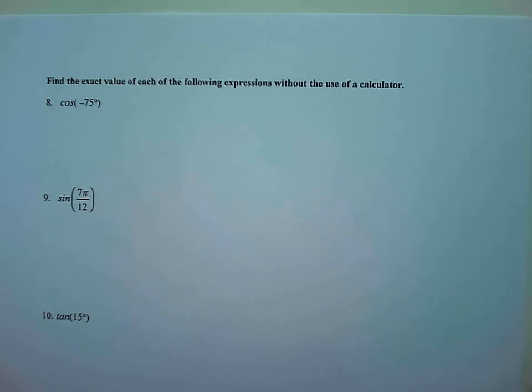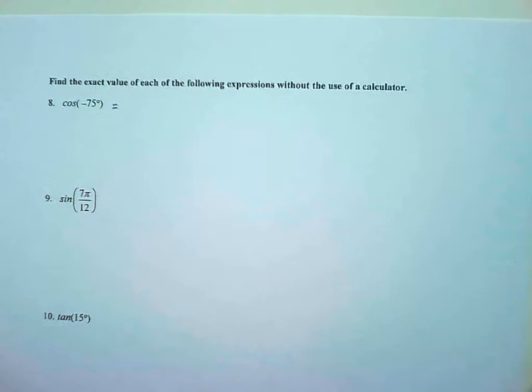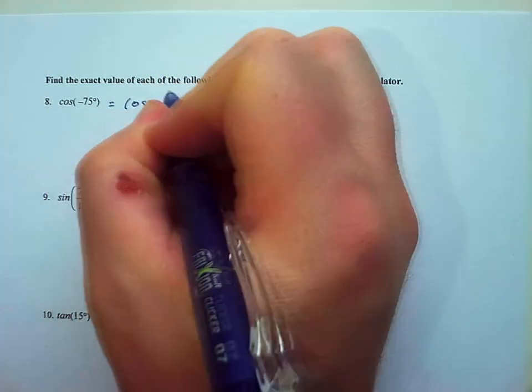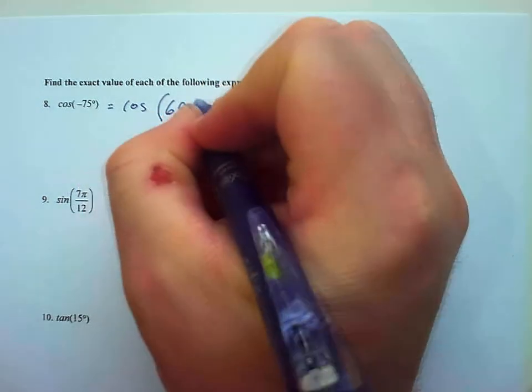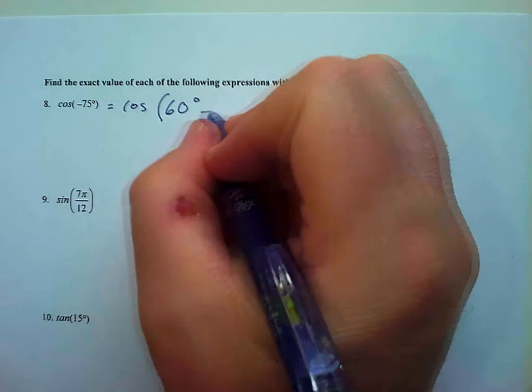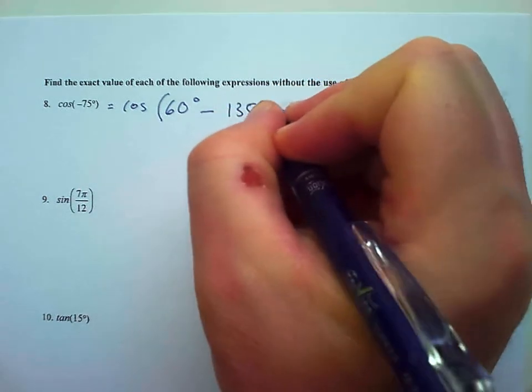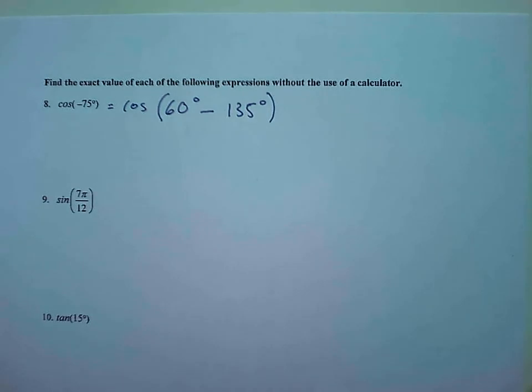So here, cosine of negative 75 degrees, we can rewrite that as the cosine of 60 degrees minus 135 degrees. Both of which we can find on our unit circle.